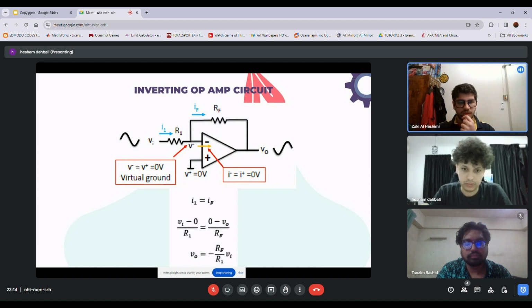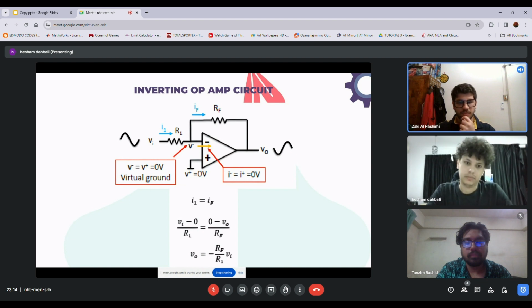Since VI, the input voltage, minus 0, the inverting input voltage, divided by R1, equals I1, which is equivalent to the inverting input voltage, which is 0, minus the Vout, over RF, which is IF.